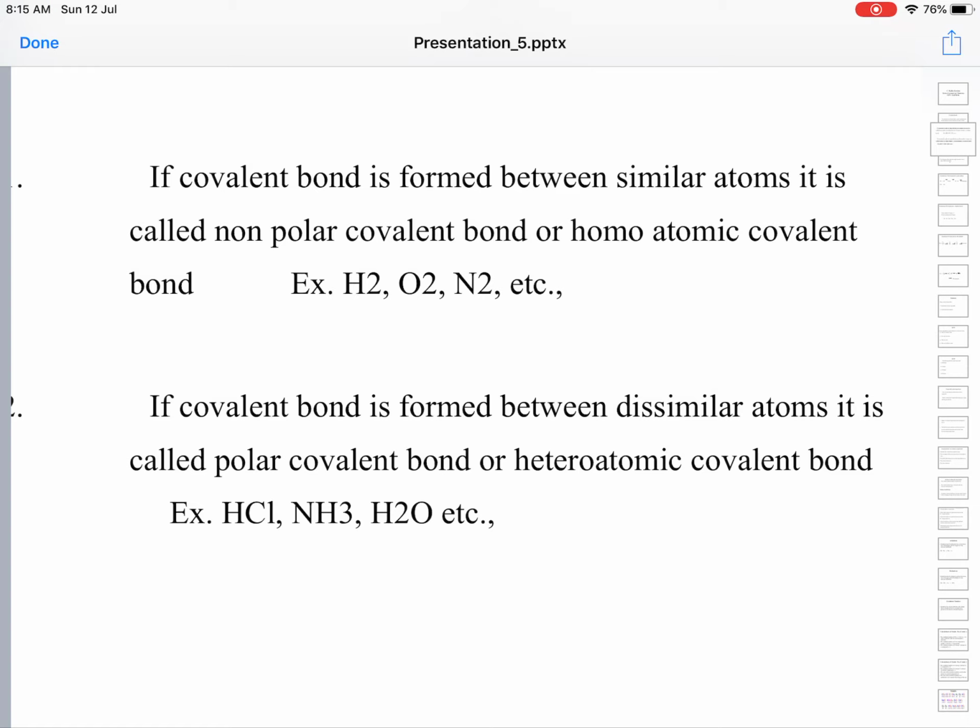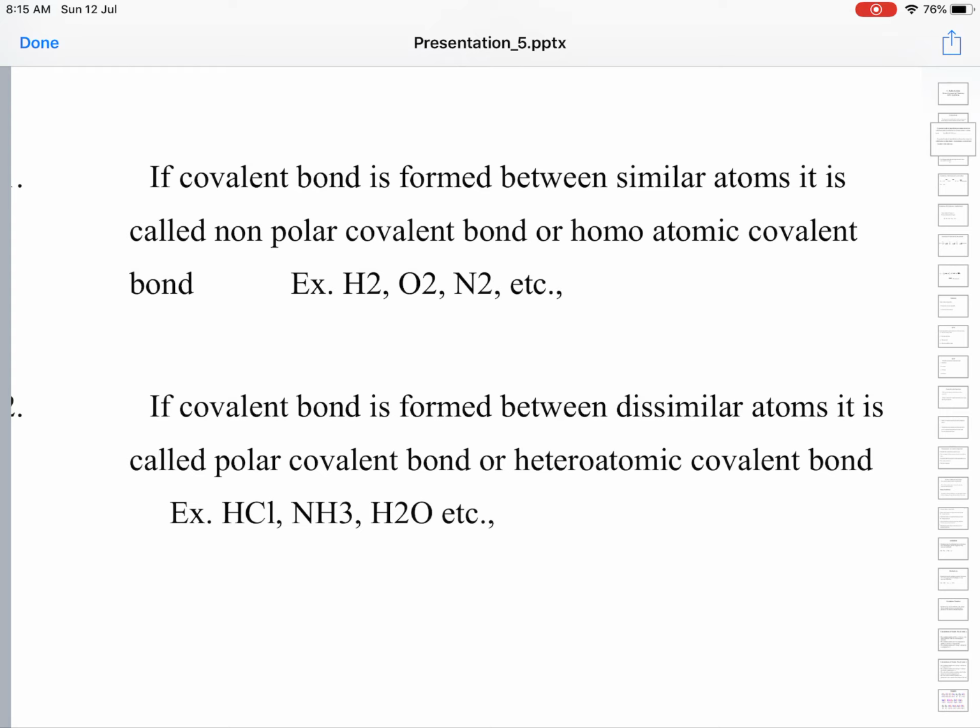Okay. If the covalent bond is formed between dissimilar atoms, like HCl or NH3 or H2O, here the bond is being formed between different atoms.